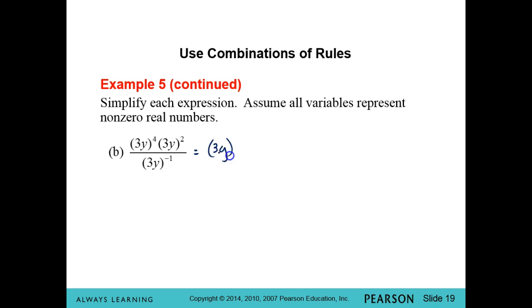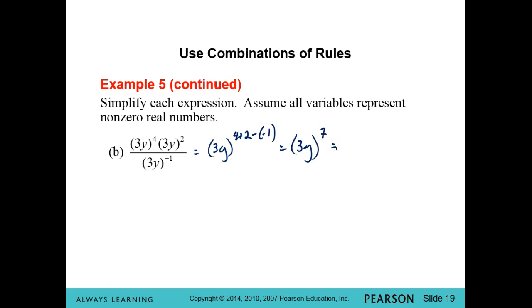Okay? Now, what do we do with the exponents? These that we're multiplying, we add 4 plus 2, and that we're dividing by, we subtract minus a minus 1. And that would be 3y to the 6 plus 1 is 7.